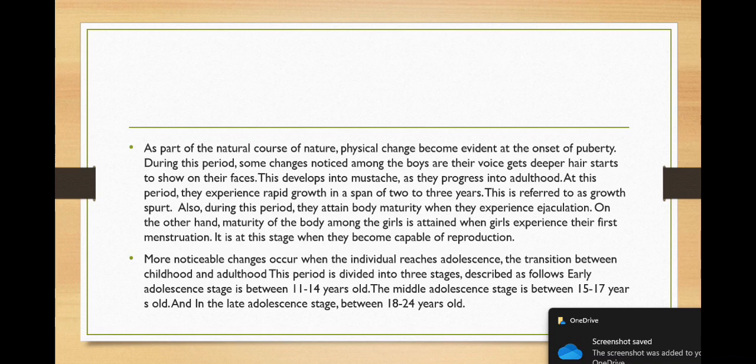So in the late adolescent stage, between 18 to 24 years old, they become more concerned of others rather than mainly of themselves. So as you notice, when we grow to the age of 18 to 24 years old, you are more concerned of others rather than yourself, di ba?